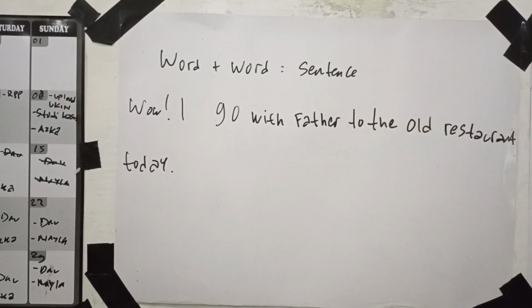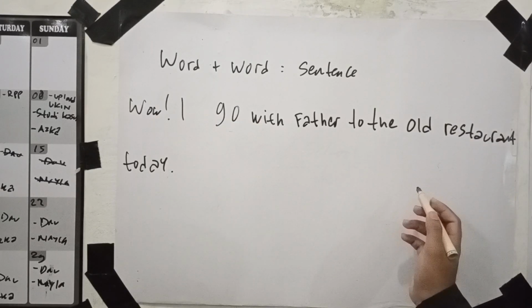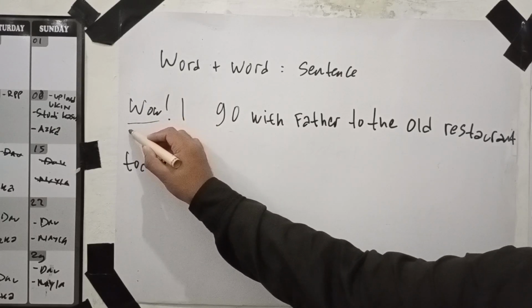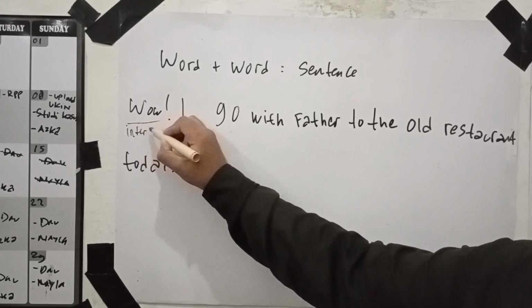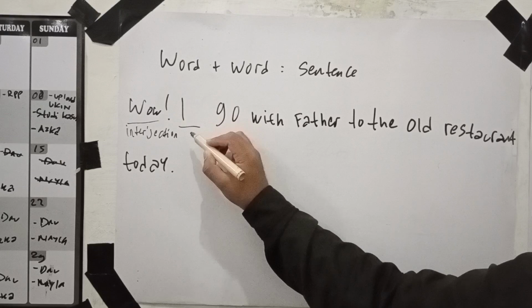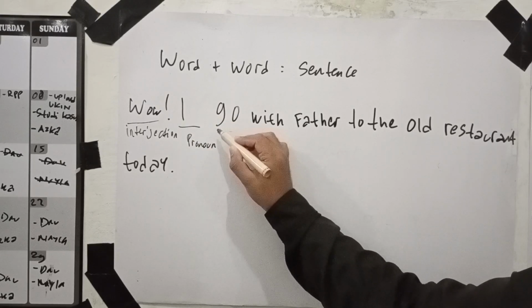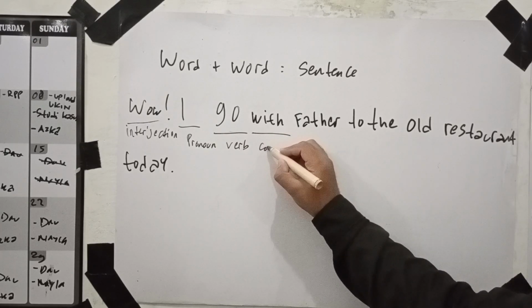Now, these words are classified into different classes. Wow is considered an interjection. I, you already know, is a pronoun. Go is a verb. With is a conjunction.